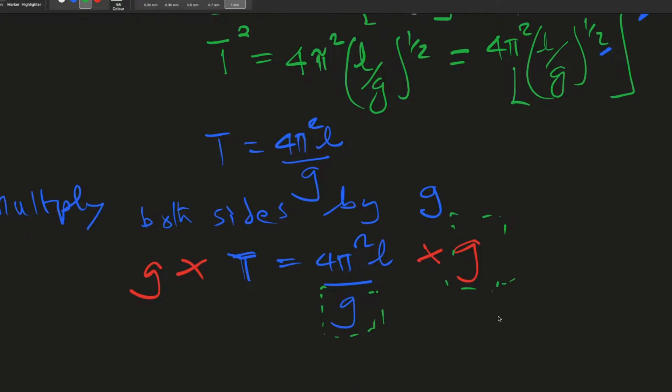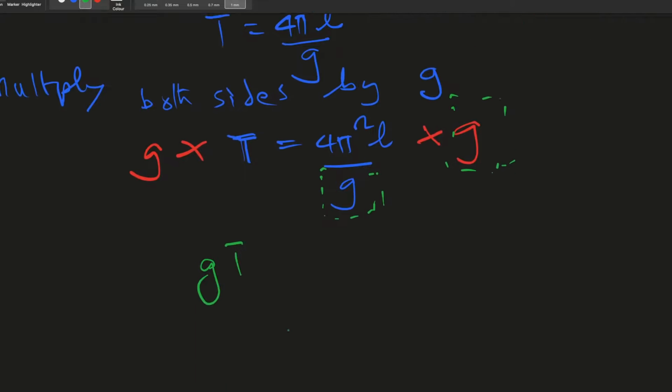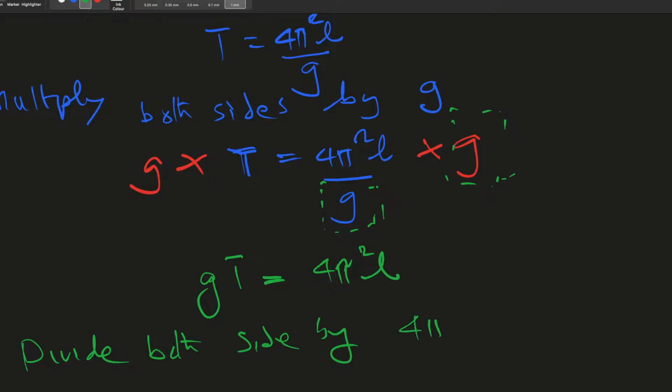Then our equation, G multiplied by T squared, becomes gT squared equals 4 pi squared L. Once again, we want to make L the subject, so we divide both sides by 4 pi squared.